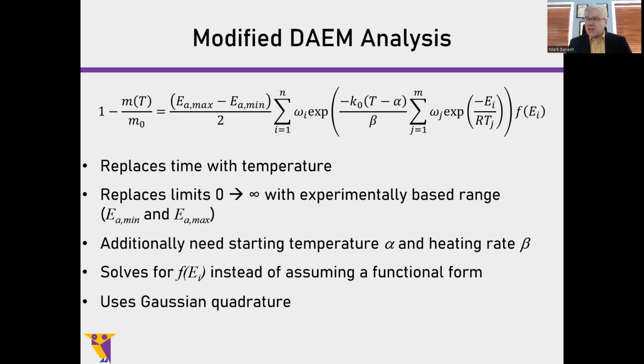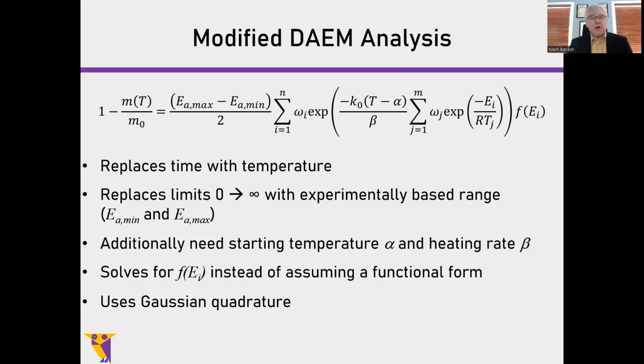There's no such thing, at least to a chemist, of an infinite activation energy. Maybe there is, but not in this case. So we're going to close that down to a variable range. I used here roughly 25 kilojoules per mole to about 400 kilojoules per mole, which is certainly representative, again, of carbon materials.